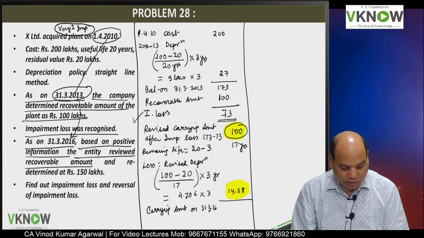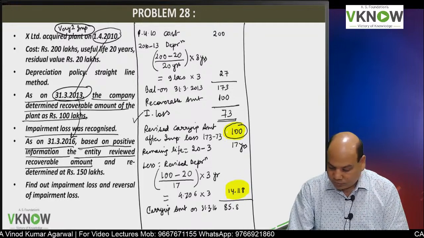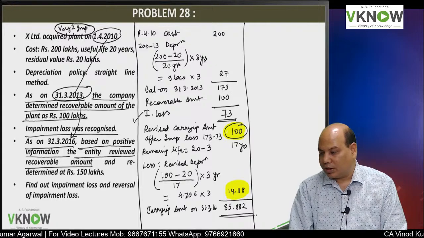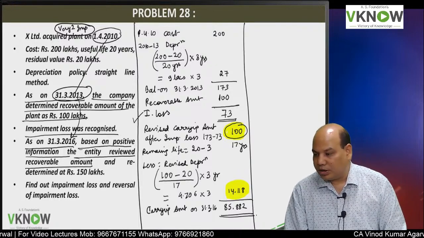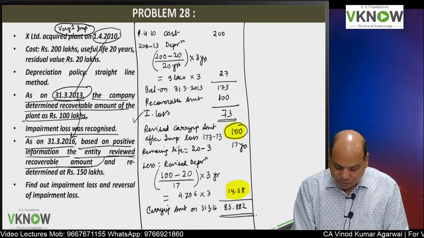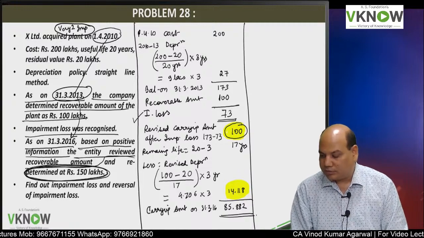Therefore, now the carrying amount is 85.882 lakhs. The carrying amount on 31st March 18 is 85.882 lakhs. Now they have got indication of impairment and they have found that recoverable amount is 150 lakh.